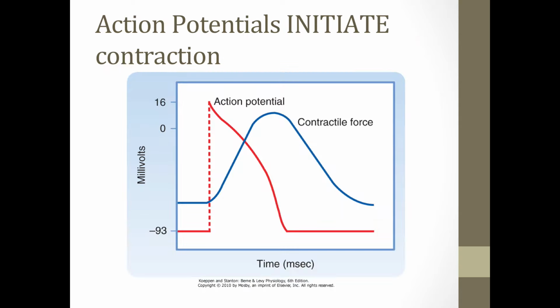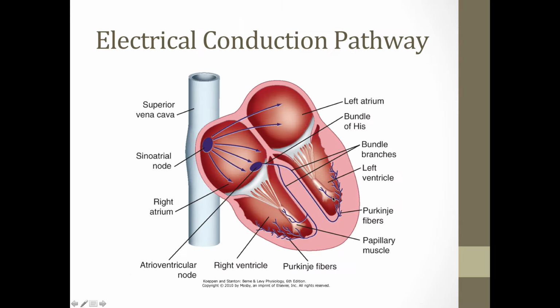So that's what they do. The action potential generates the contractile force. Think of the action potential as you stretching a rubber band so that you can let it go. So it's getting all primed up so that you're building the force in order for there to be contraction. And this is the pathway that we keep talking about.